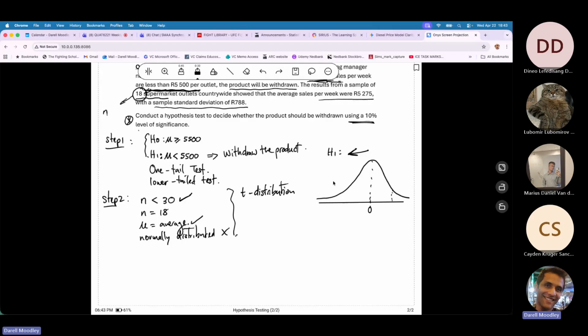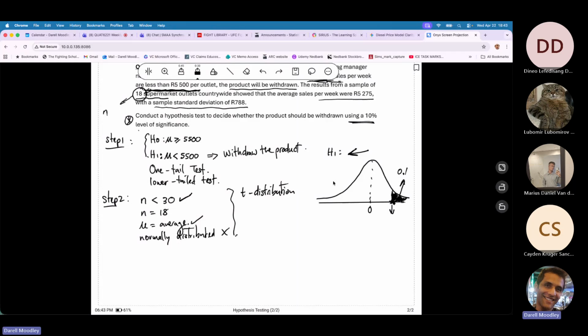Let's say the area here is 0.1 or 10%, right? So the area here is 0.1. Now, I want the T value here on the axis. What does this correspond to?